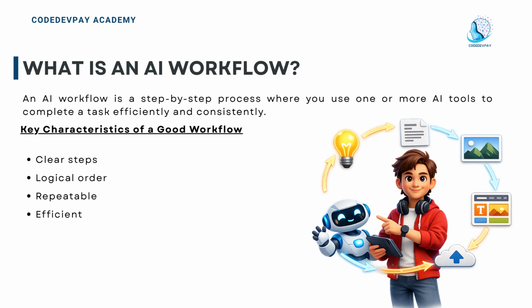This matters because it helps us to connect tools together and follow a clear process, and this process can be repeated consistently. Here are some key characteristics of a good AI workflow. First, it follows clear steps, in a logical order, it's repeatable, and it's very efficient.